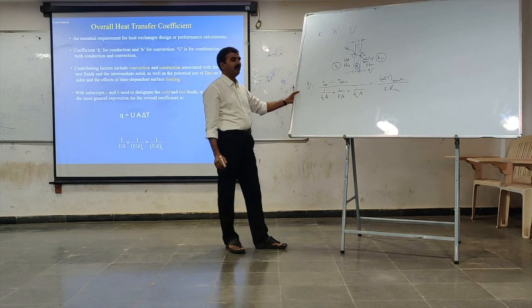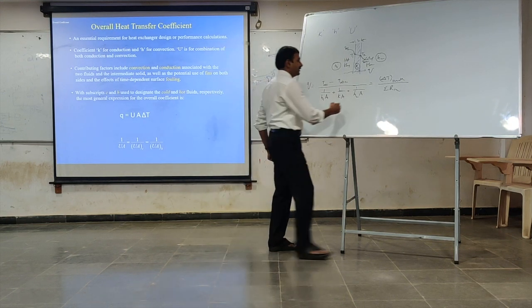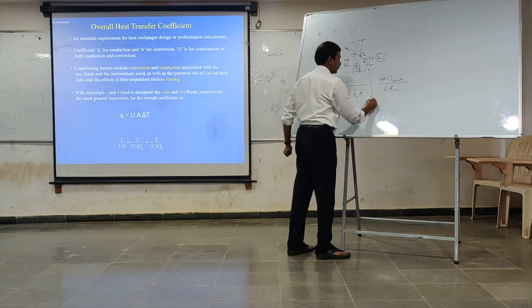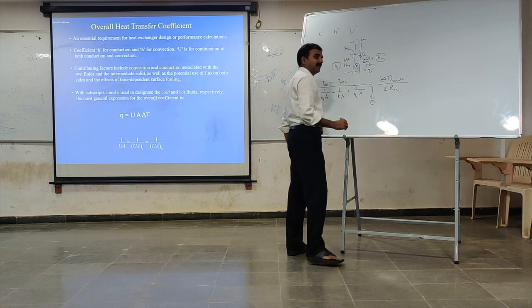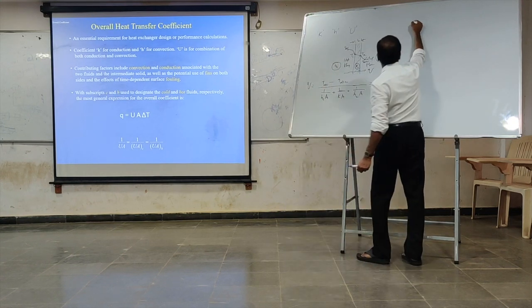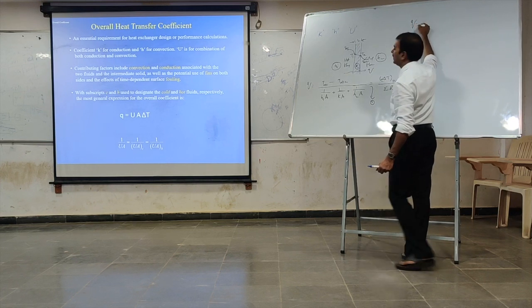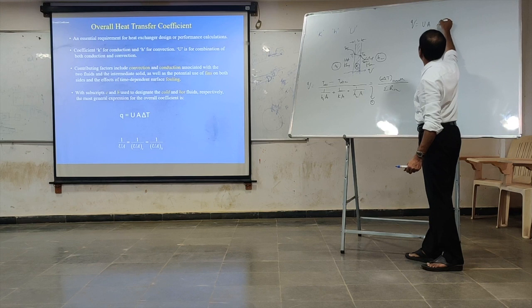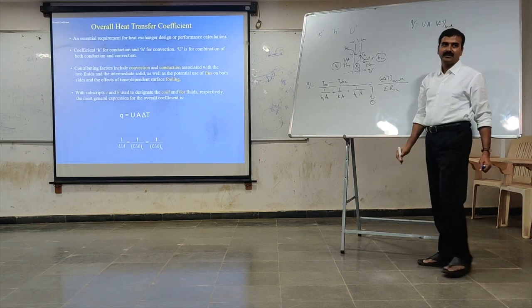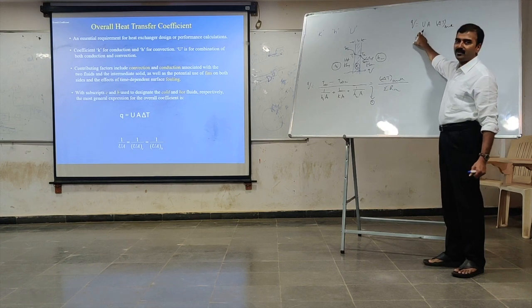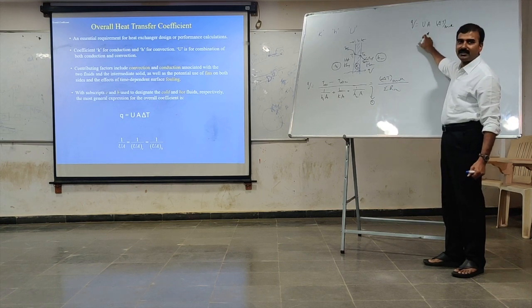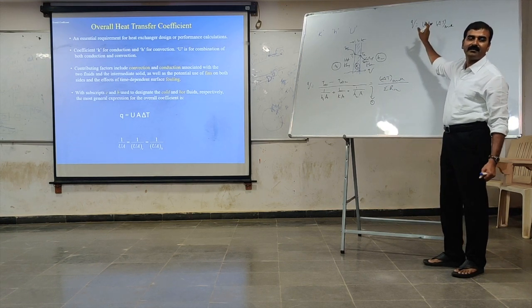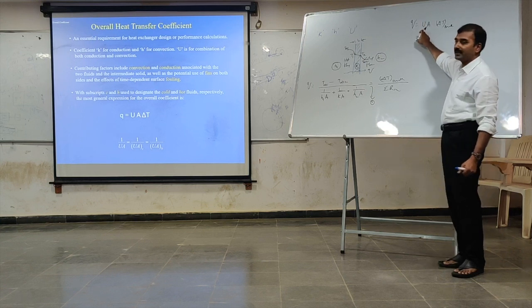Now U is defined in such a way that, let us say the above is equation 1, Q is equal to U A delta T overall. If it is simply convection, we would have written it as HA delta T. If it is conduction, KA delta T by L. Now U is taking care of both.